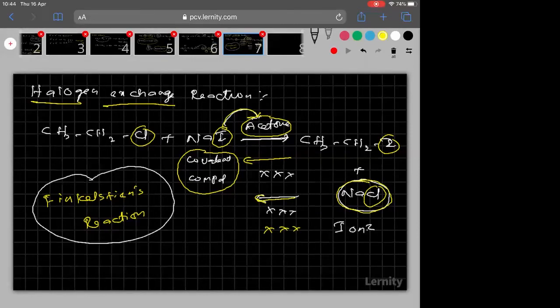Moreover, NaCl is a precipitate, and precipitate reactions are irreversible reactions. They move only in one direction, and such a reaction is called Finkelstein's reaction. So I hope it is clear to everyone.